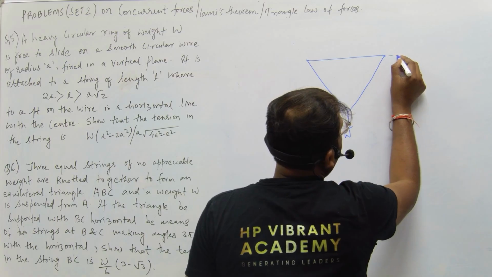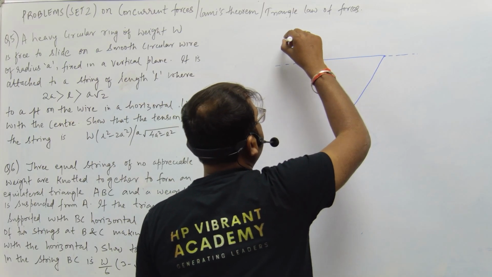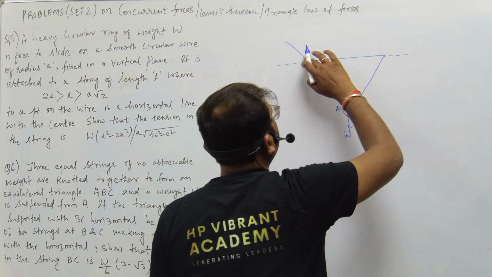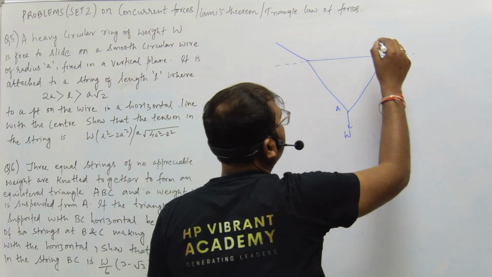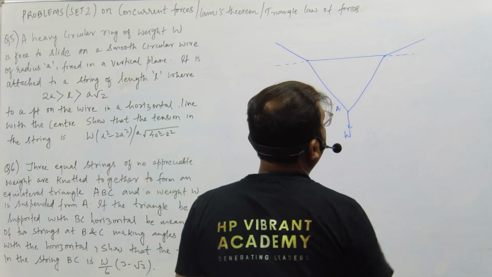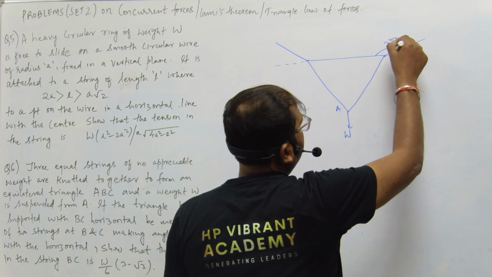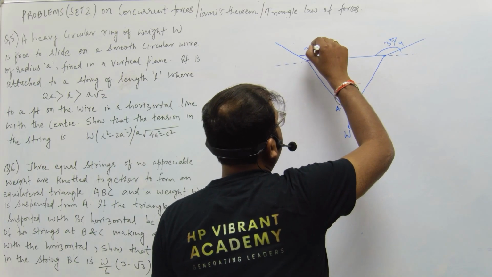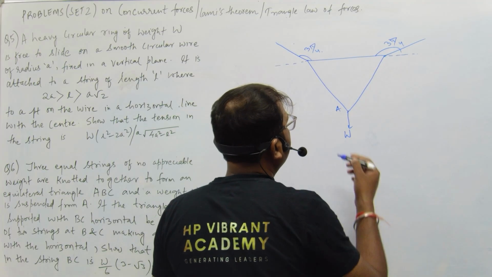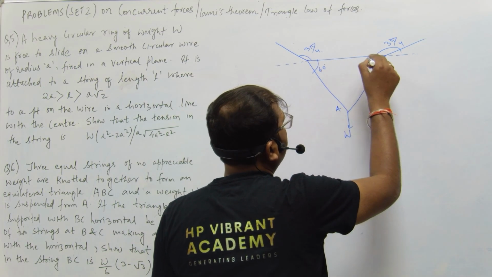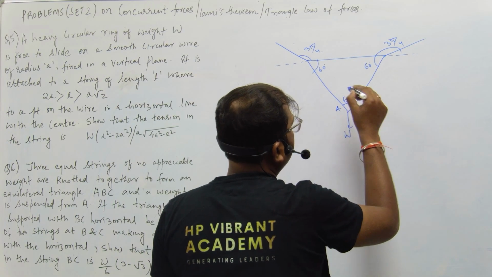Okay, so this is our horizontal. Two strings at B and C. This is making an angle 3 pi by 4. This is also 3 pi by 4. And it is an equilateral triangle, so this is 60 degree, this is 60 degree, and this is also 60 degree.